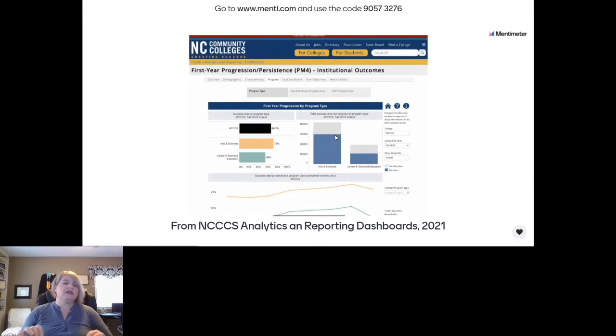Digging a little bit into the types of programs and courses in the community college system, we can see there's a significant decrease in the progression of students in career and technical education courses. Stands to reason. These things are complicated, they're complex.